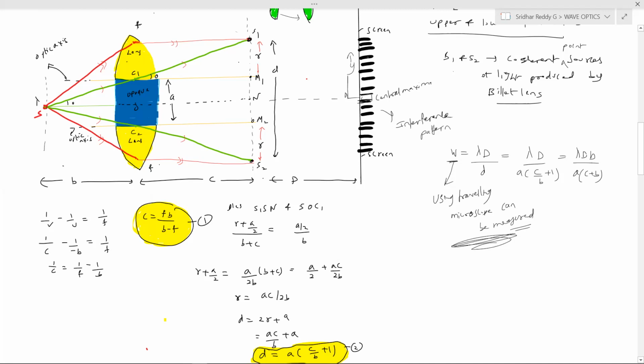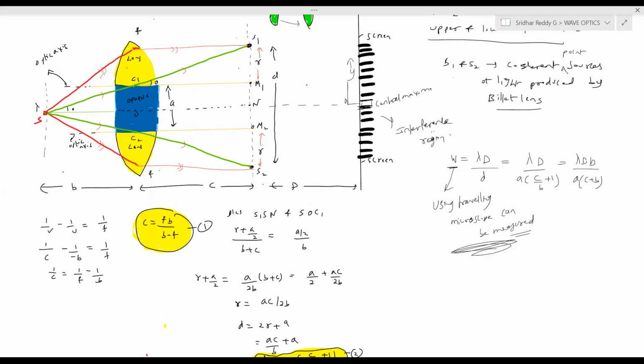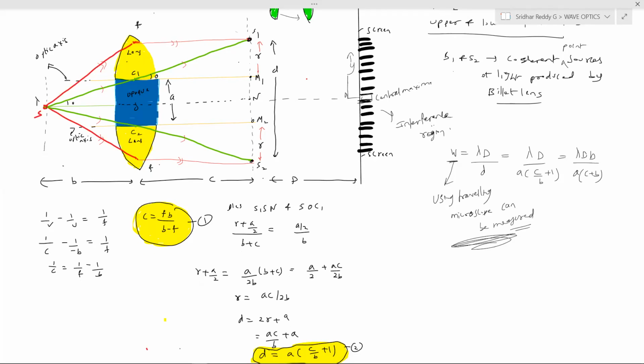Just for your understanding, I'm showing it here. This is the interference region, rather than this. This is about the biprism lens, a very small idea that can be asked in advance. It's an experimental one. Okay, after this we'll take the next one, the Fresnel biprism.